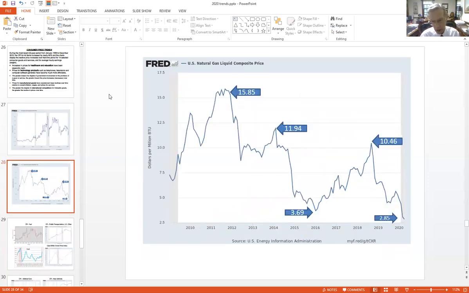This is the natural gas that I was referring to a couple minutes ago, and you can see that over time the price of natural gas has really come down, and it's made it a lot more affordable for, among other things, producing electricity, heating your home if you've got natural gas, and producing chemicals that are produced from natural gas.